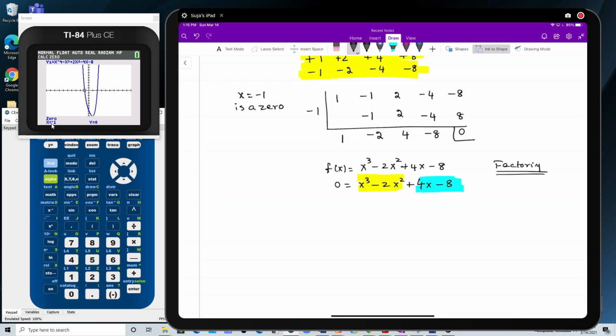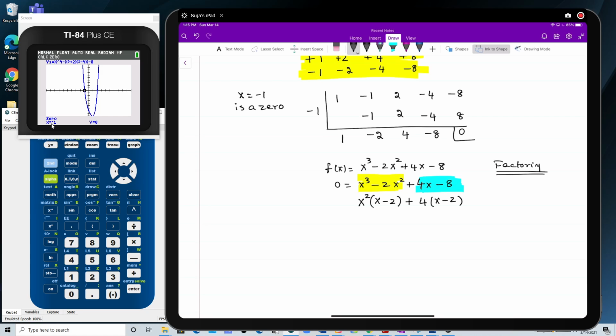Now when I group the first two, I can factor out an x squared, which makes it x minus 2. And if I factor out a 4 from the last two, it's going to make an x minus 2 in parentheses.